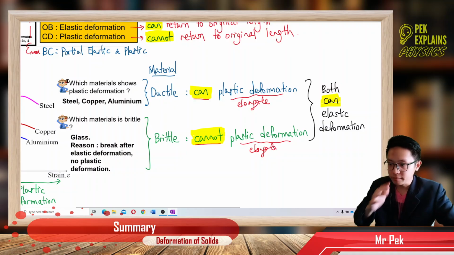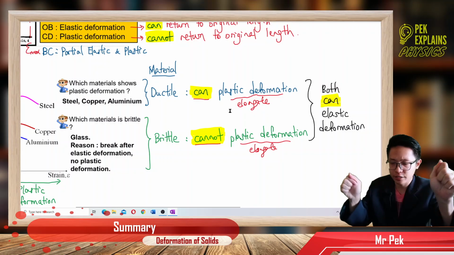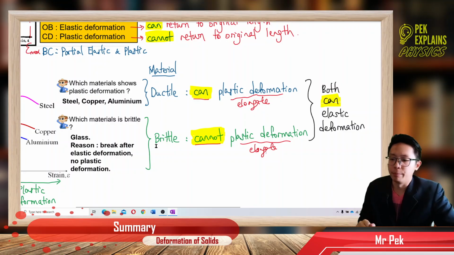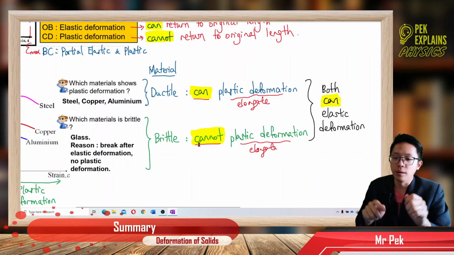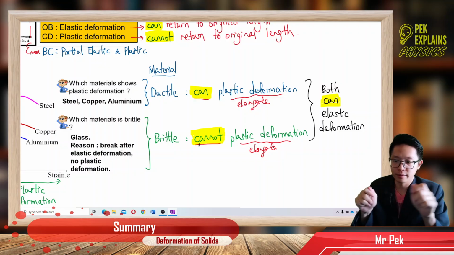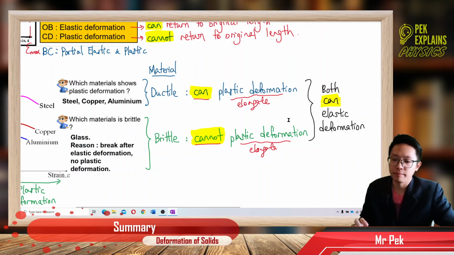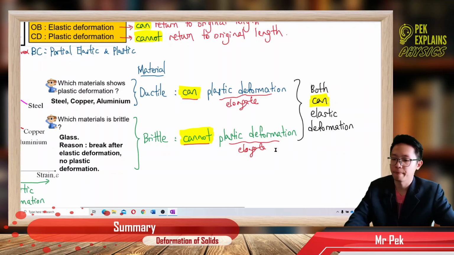Ductile material can show the elongation, the plastic deformation. Brittle material cannot show plastic deformation, it just breaks. But both materials can undergo elastic deformation. Brittle material also can have elastic deformation, just no plastic deformation.